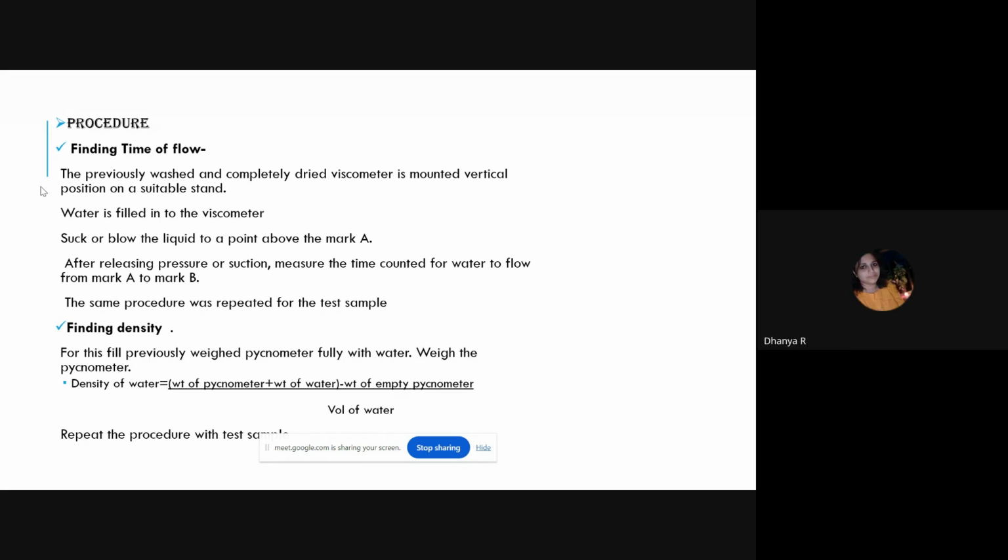The previously washed and completely dried viscometer is mounted in a vertical position on a suitable stand. Water is filled into the viscometer, and then it is sucked. The water is sucked or blown out of the viscometer to a point above mark A.